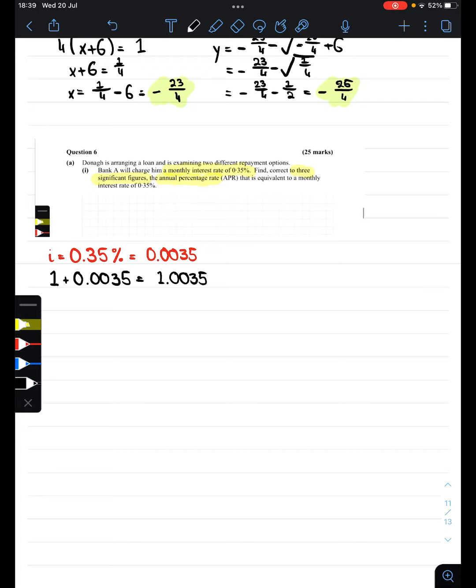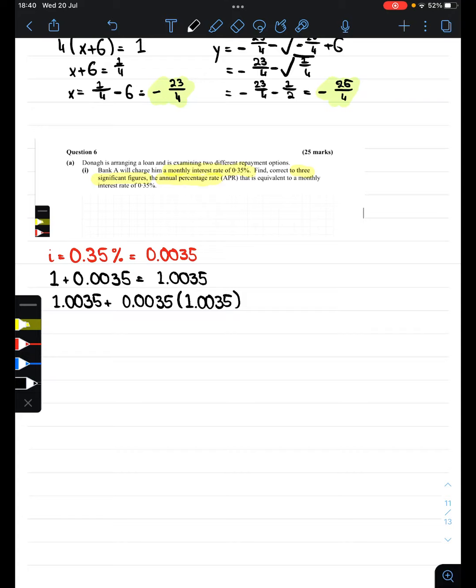And now after 2 months, this has become 1.0035, and then adding 0.0035 by 1.0035.